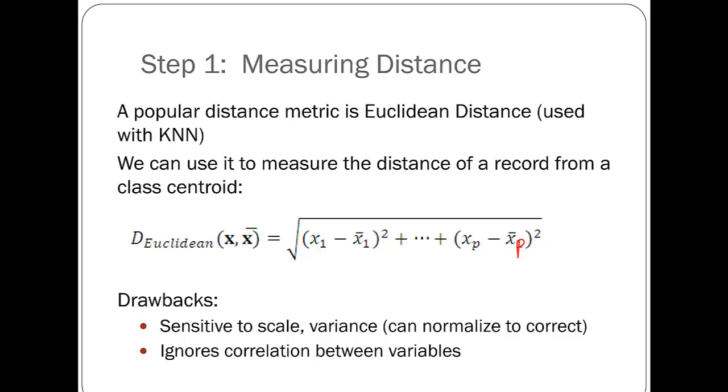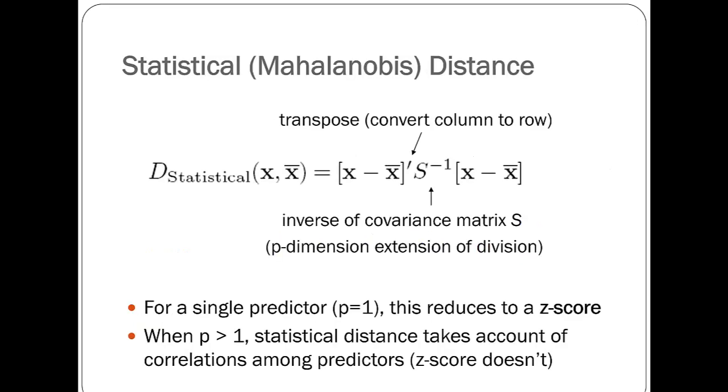This is useful, but has some drawbacks. There's sensitivity to variance and scale. So a better measure is the statistical distance, or the Mahalanobis distance. And the idea here is to basically form a z-score, a multivariate z-score.